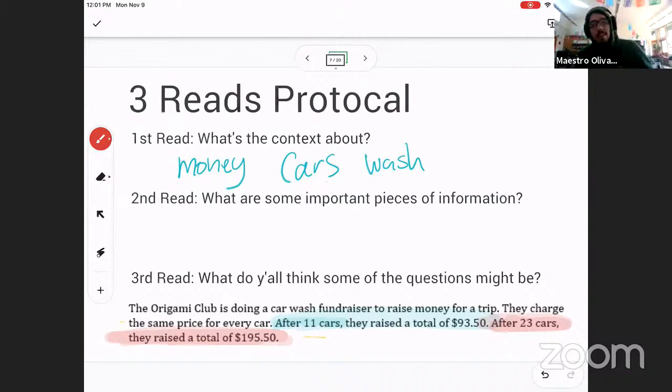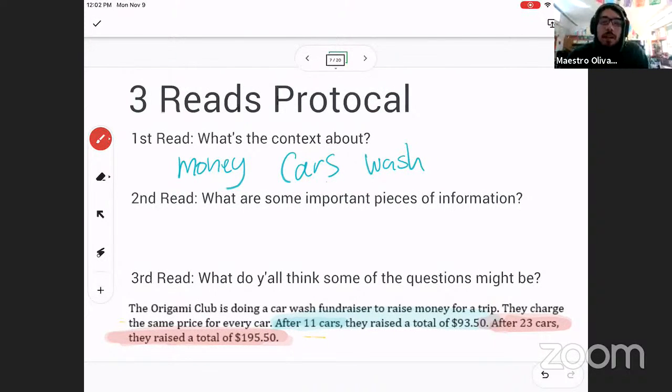So imagine you're the teacher, you're the maestro or maestra. This is the situation. What are some questions, qué son preguntas, that we can ask you so you can figure out the answers to? What do you think are some questions that you could ask the students about this problem? So I want you to put your teacher hat on.